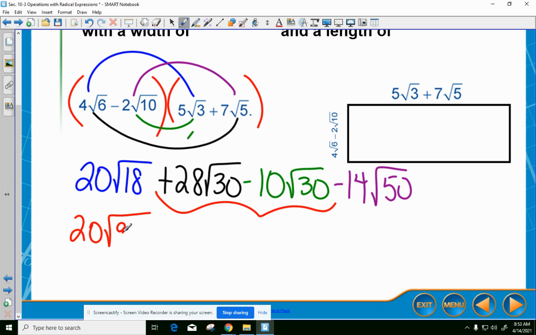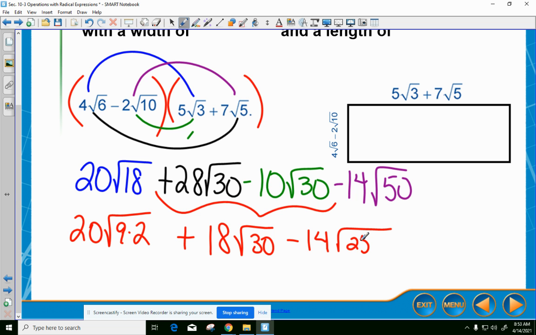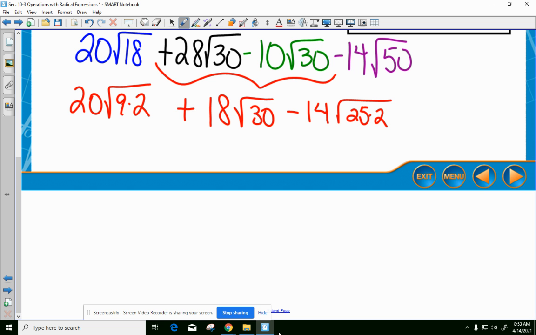So you guys said we were going to split that into a 9 and a 2. In the middle, you have 18 radical 30. You also said that I was going to split 50 into 25 and 2.